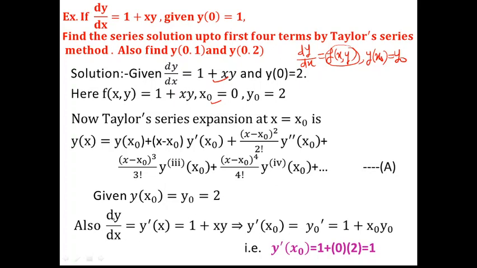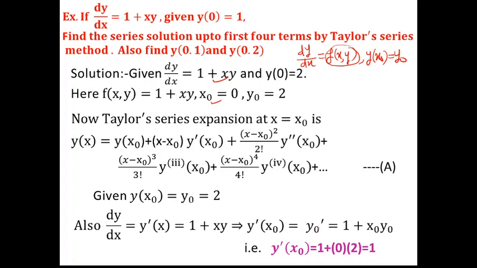Now one more thing is given, that is dy by dx, which is denoted as y dash of x, which is equal to 1 plus xy. I have to find out its value at x naught. So what will be y dash at x naught? Everywhere when we put x as x naught, y will become y naught.